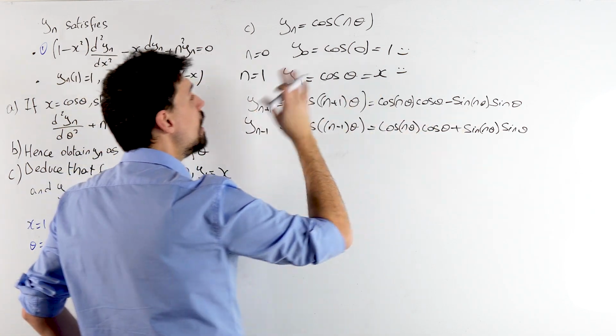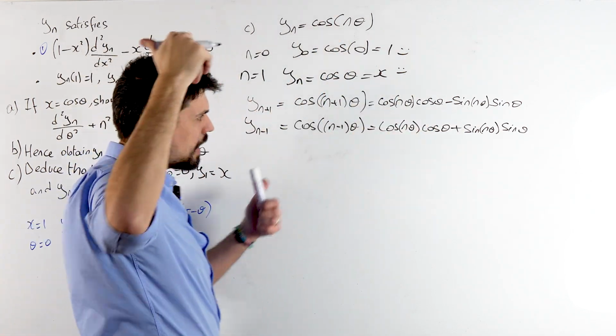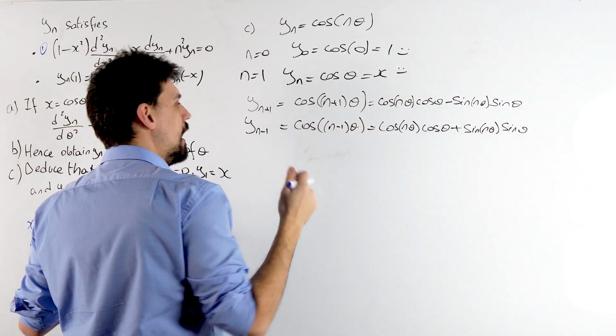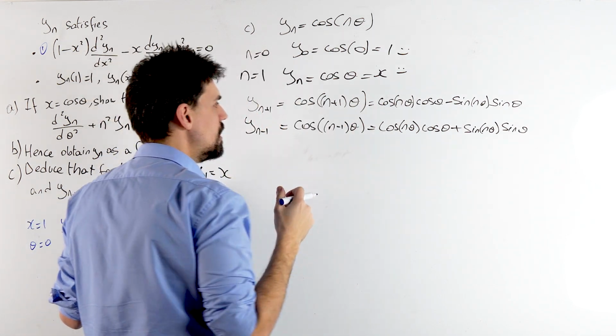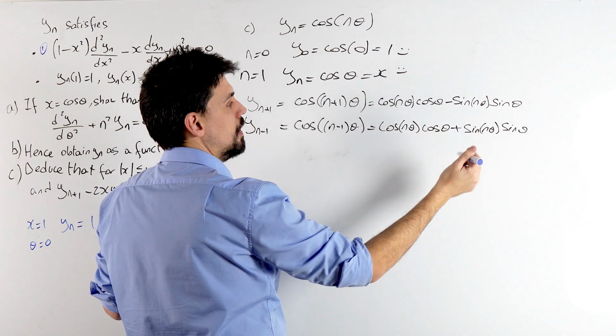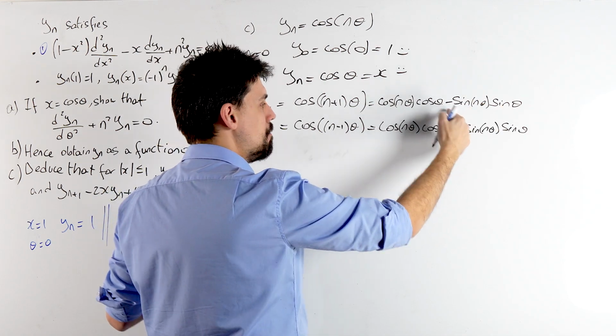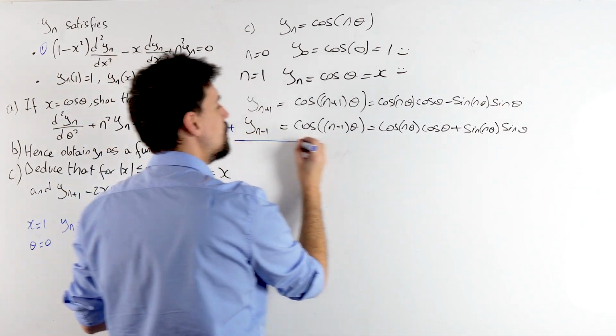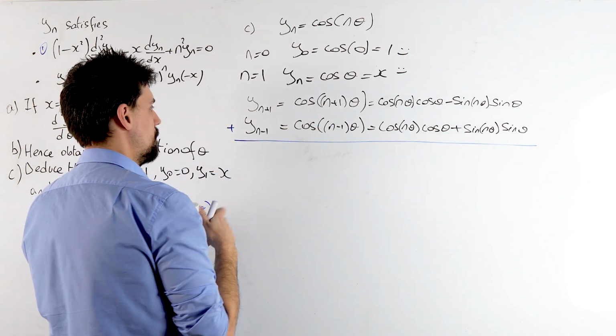Because, oh look, I know cos n theta in terms of x. Yay! Right, that's fine. However, we don't have anything with the sines but a minus and a plus. So if I add these two things together, what do I end up with?